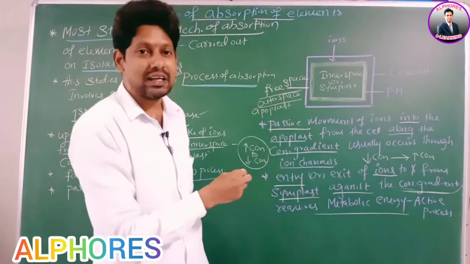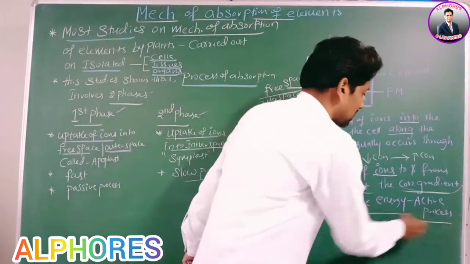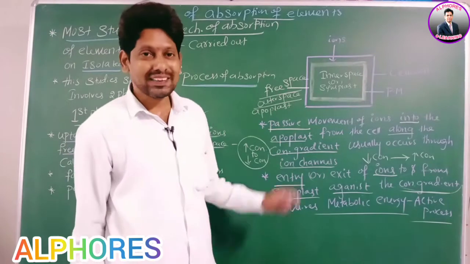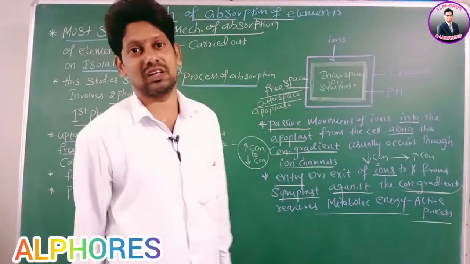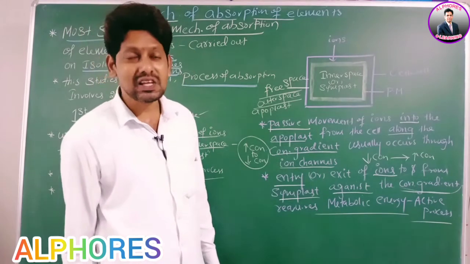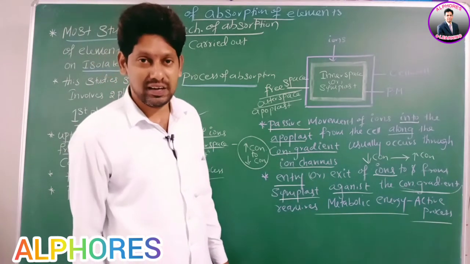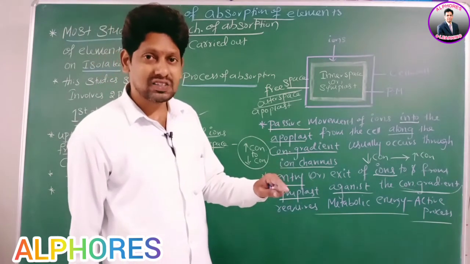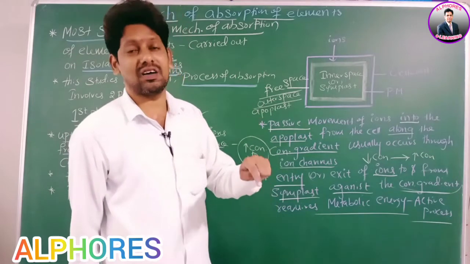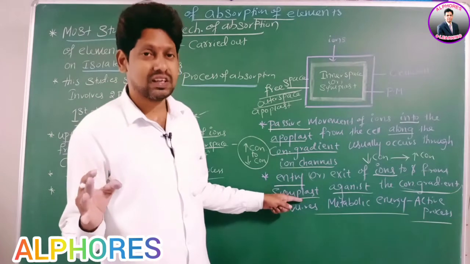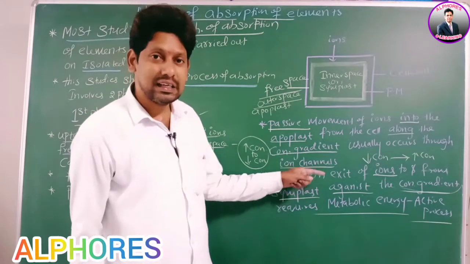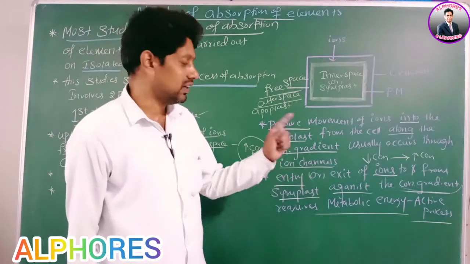As metabolic energy is required, it becomes which process? Active process. If movement is against the concentration gradient, from lower to higher concentration region, it is an active process requiring ATP energy, metabolic energy.